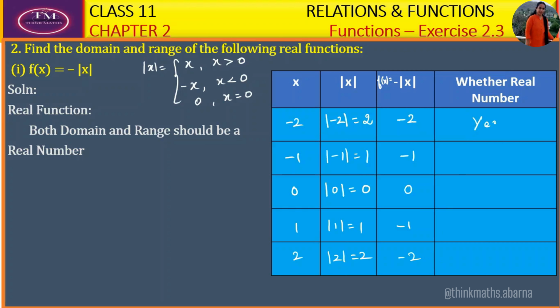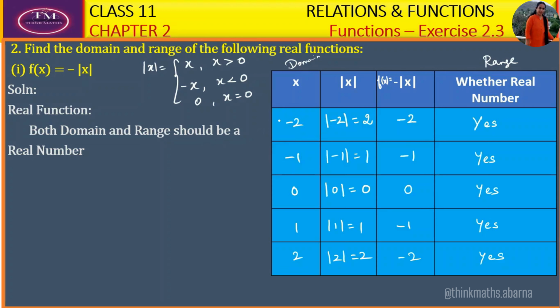Yes, minus 2 is a real number. Minus 1 is a real number. 0 is a real number. Yes, all are real numbers. So both the domain and range are real numbers. So it is a real function.